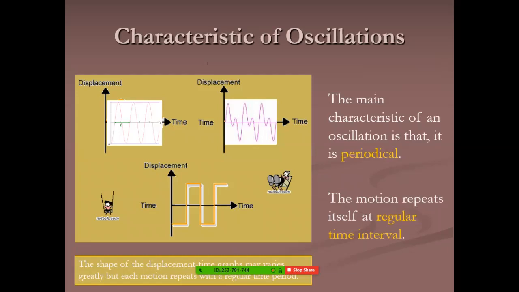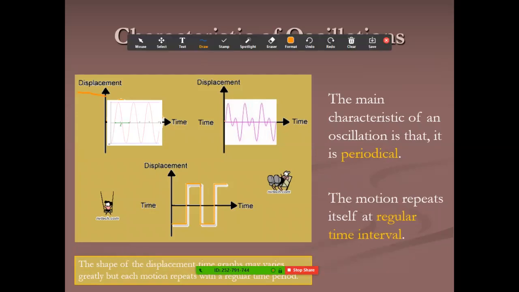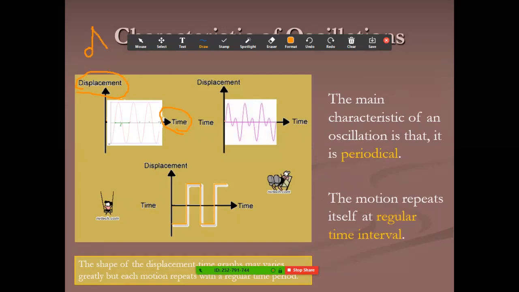So oscillation, if you draw a displacement graph, this is how the graph is going to be, displacement versus time. Let's say you have a pendulum in 3 locations: 1, 2, 3.